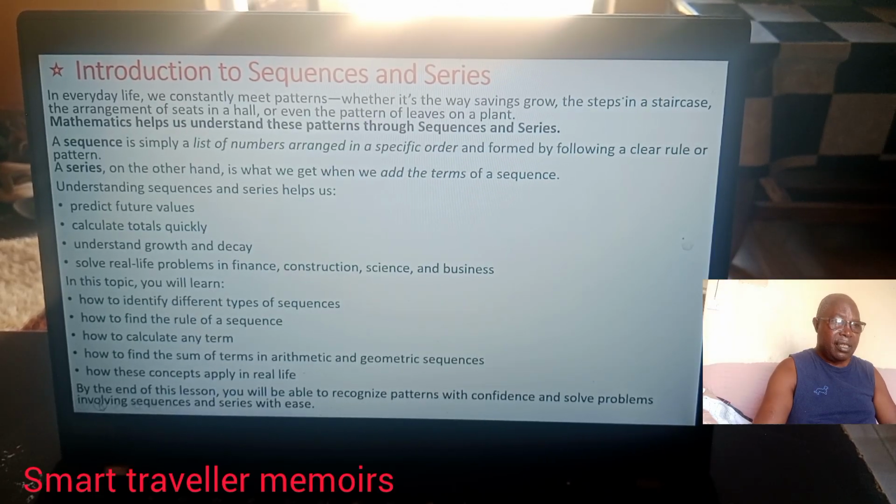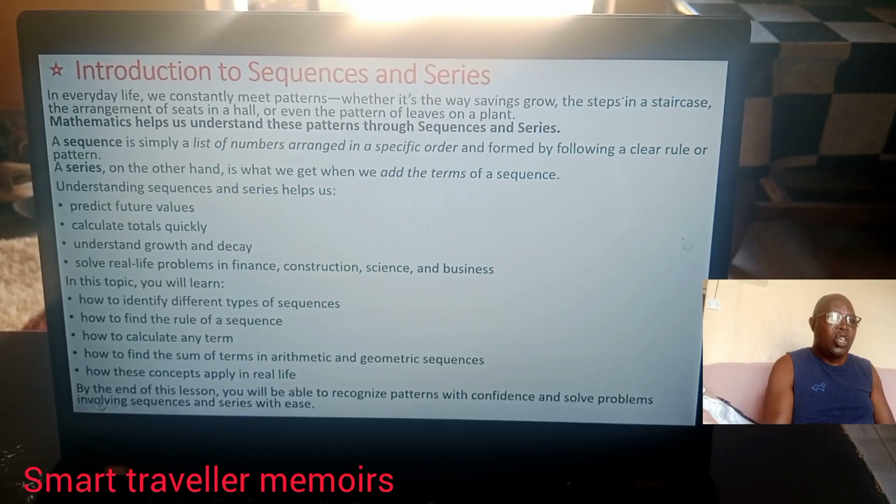a sequence. Understanding sequences and series helps us, 1. Predict future values, 2. Calculate totals quickly, 3. Understand growth and decay, and 4. Solve real-life problems in finance, construction, science, and even business.